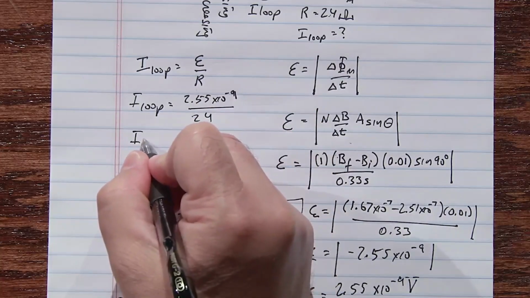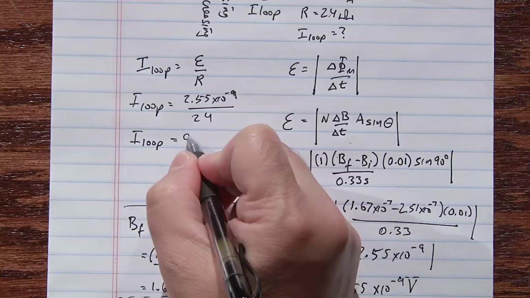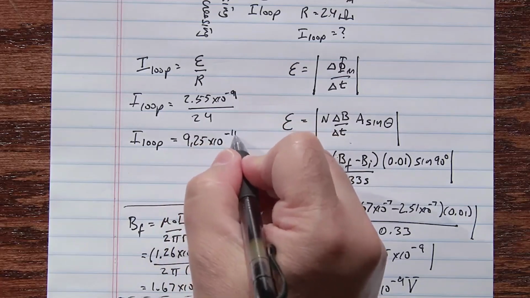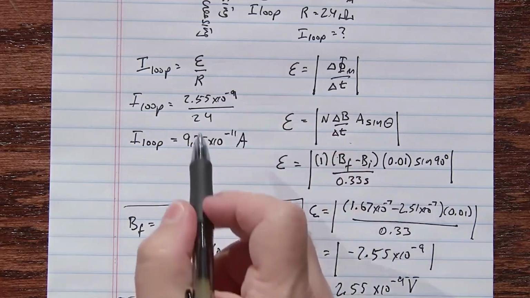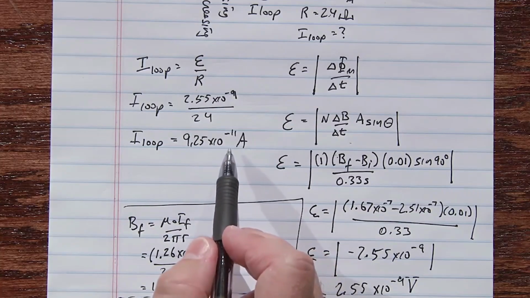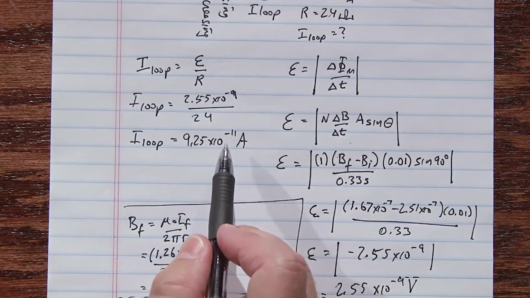And so the current induced in the loop is equal to 2.55 times 10 to the minus 9 divided by 24, and I get a current of 9.25 times 10 to the minus 11 amperes. And that is what we were asked to find. You can see that this is a tiny current, so this process is not very efficient, but it does work.